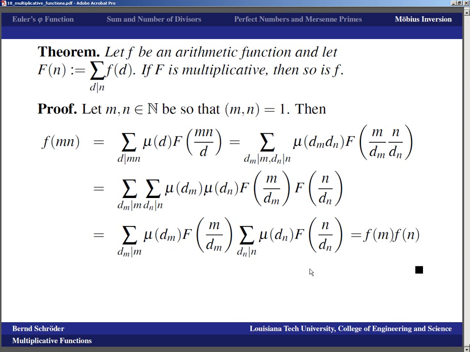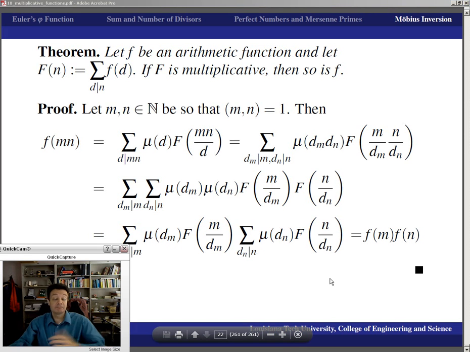Okay, I jumped over it a little bit quickly, and to be perfectly honest, that is because I was very happy that I got through the proof of the Möbius inversion formula.